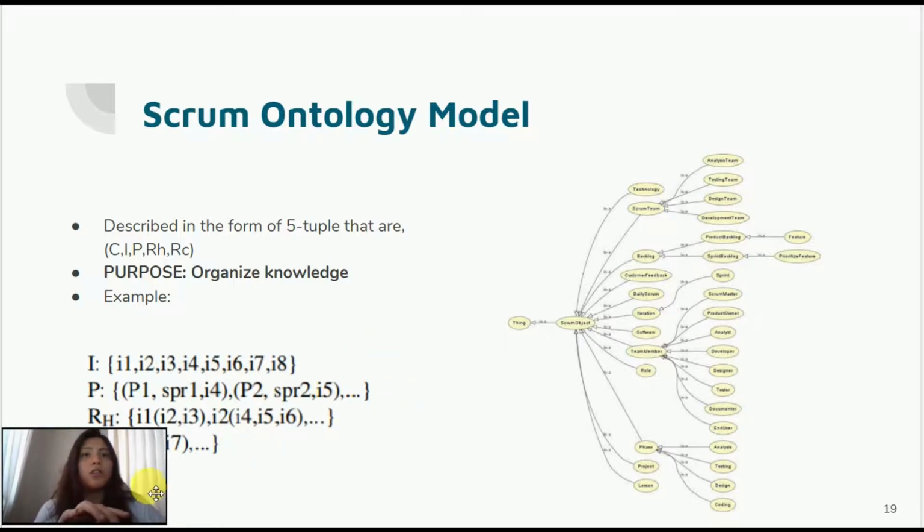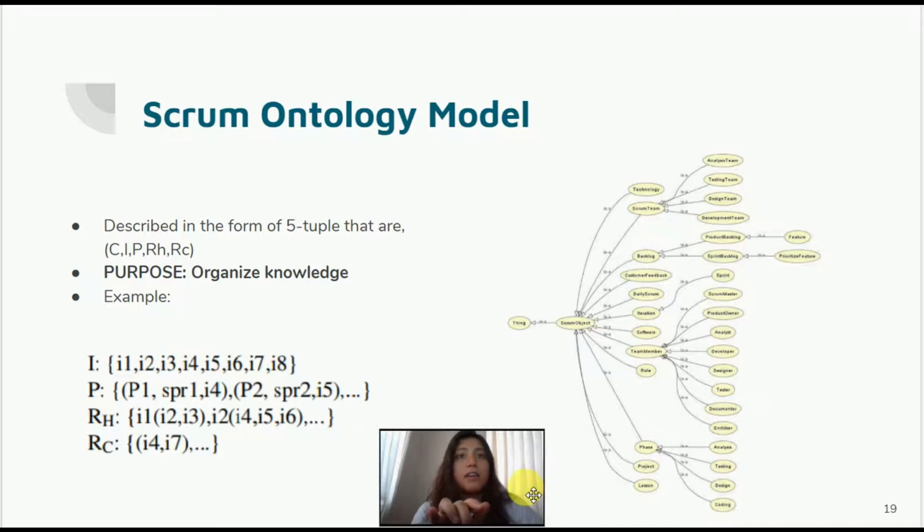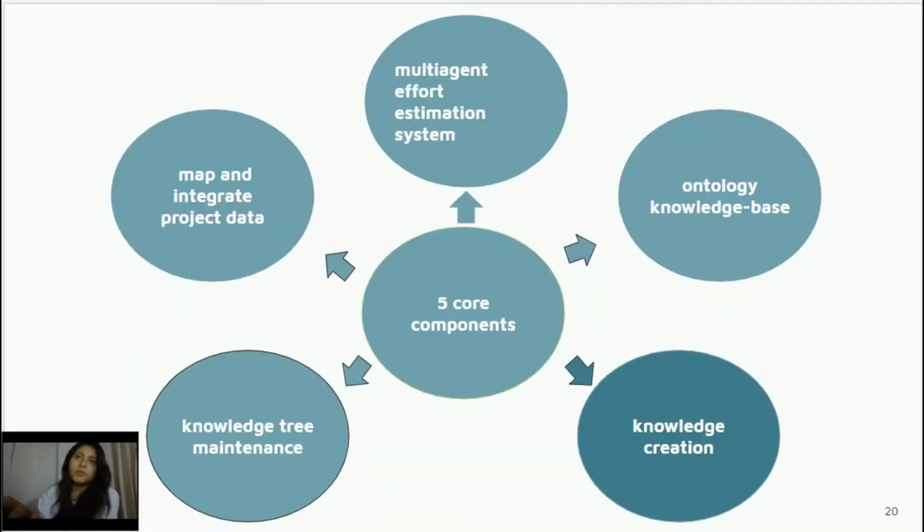We also can see the RH, that are the hierarchy between these instances, and then RC, that are similarities between these instances. And the main purpose of this ontology model is to organize knowledge, so later we can use our multi-agent system on it.